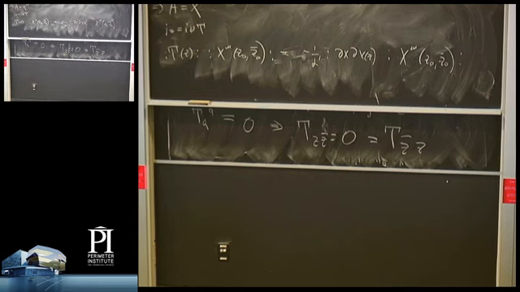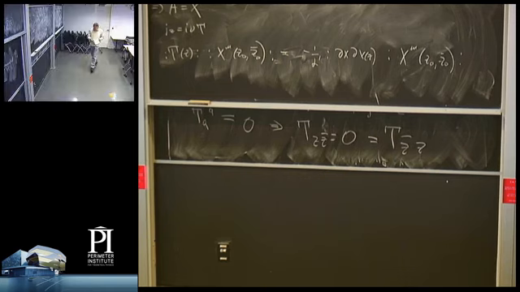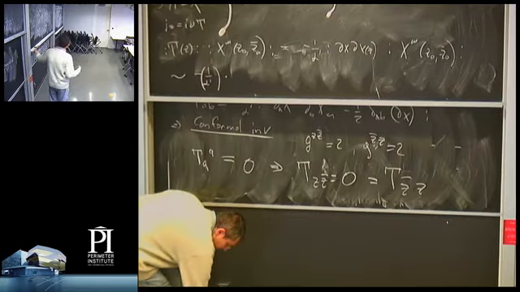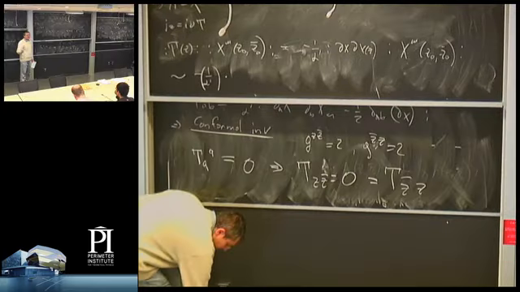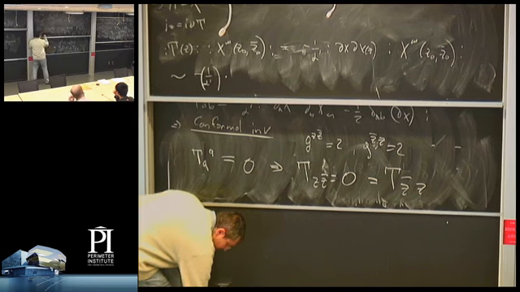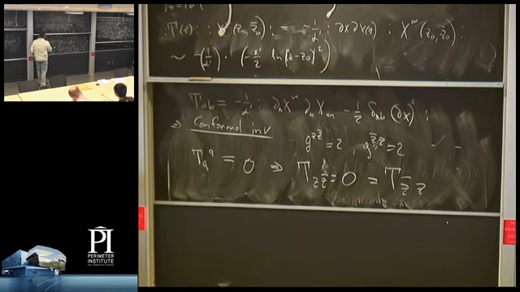So the only thing that we care about is the most singular piece. But actually not the most singular piece. What we care about is the piece that will produce a 1 over z minus z0 singularity. And that piece will come from a single contraction, as you can see. So this is the same as minus 1 over alpha prime times, and I'm claiming that it comes from a single contraction.